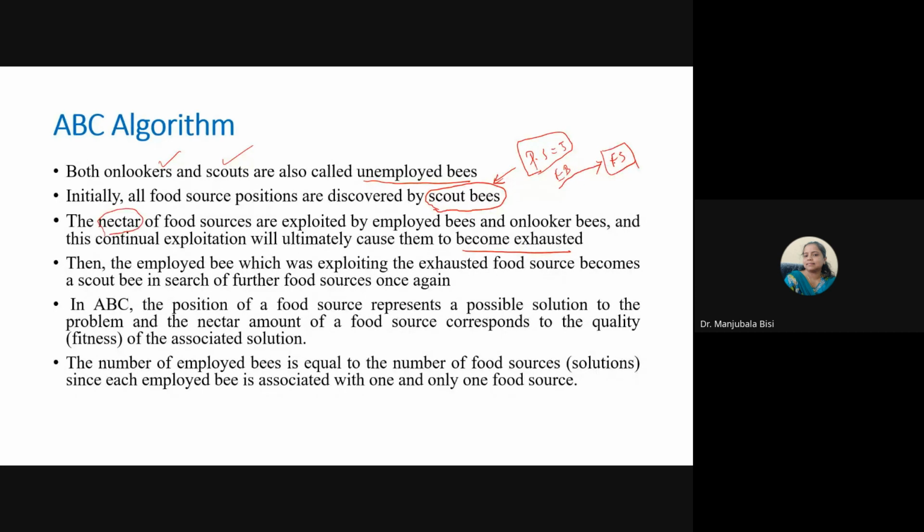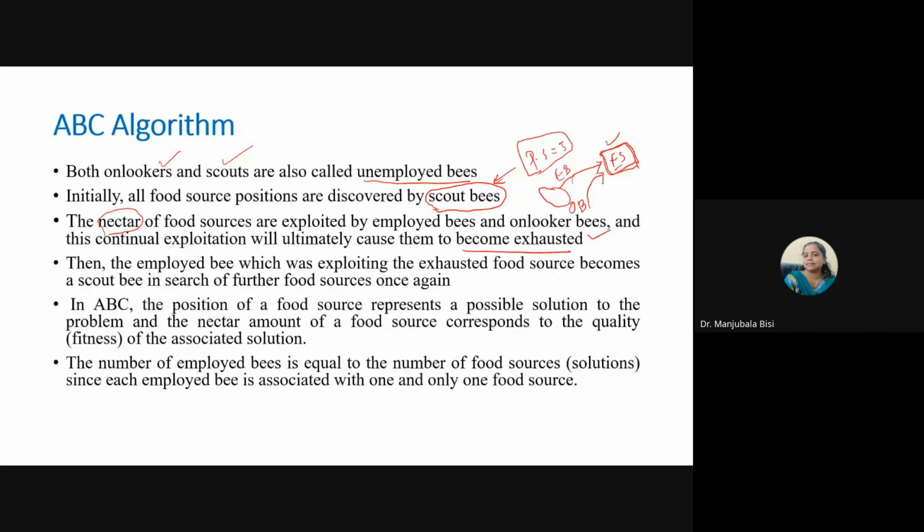By seeing the dancing pattern of the employed bees, some onlooker bees will again try to collect the nectar from the same food source. So what will happen due to this continuous exploitation? The amount of nectar present in the food source becomes exhausted.